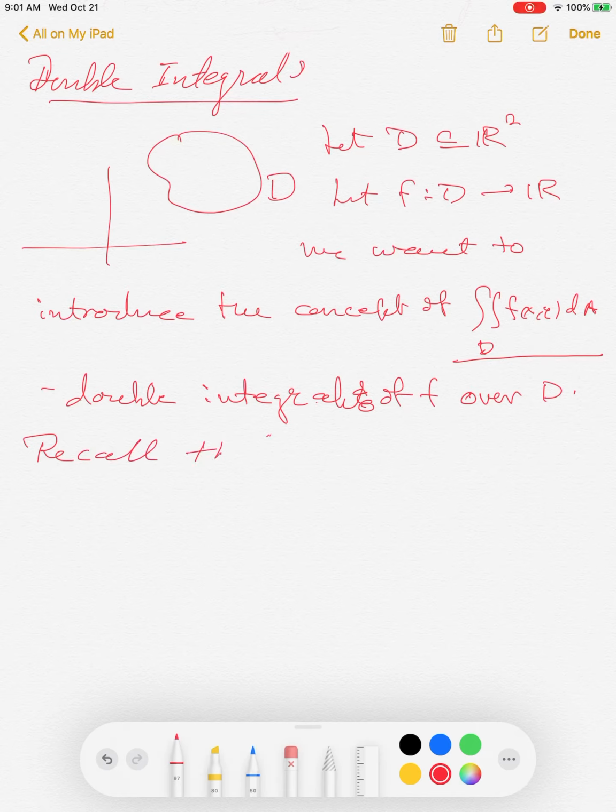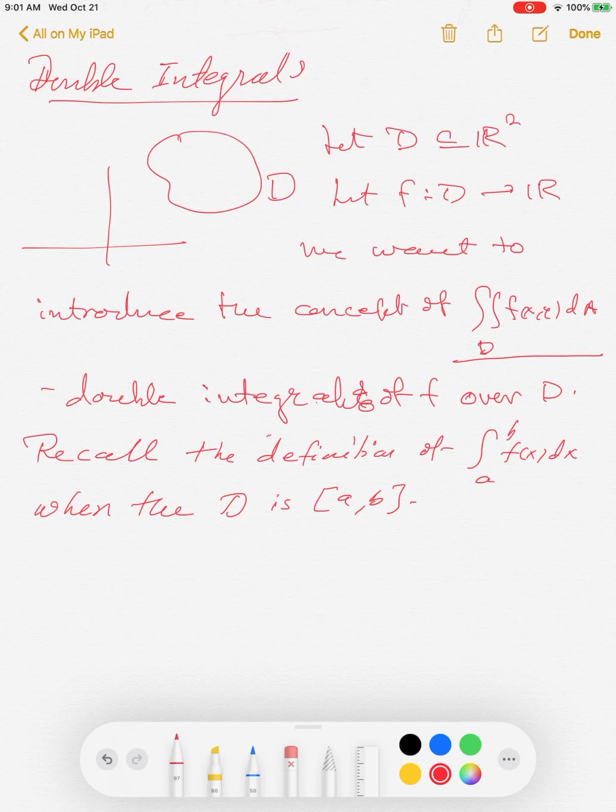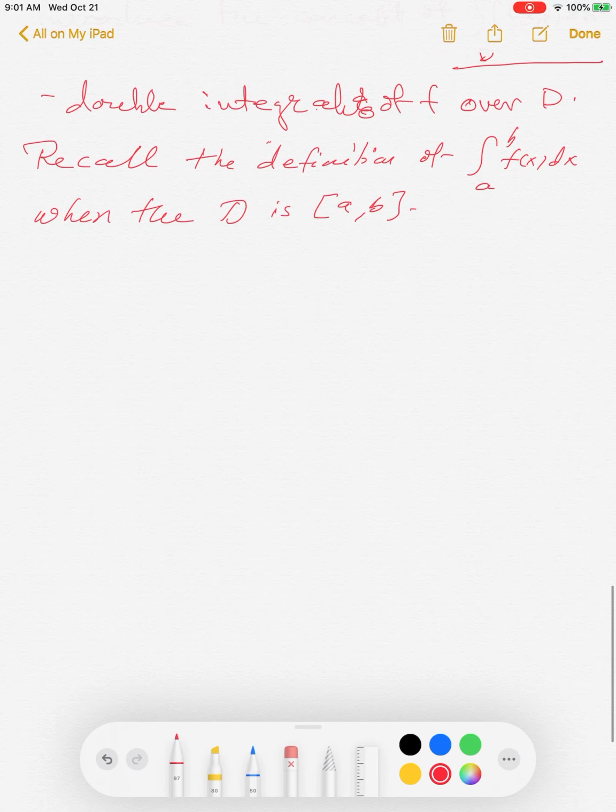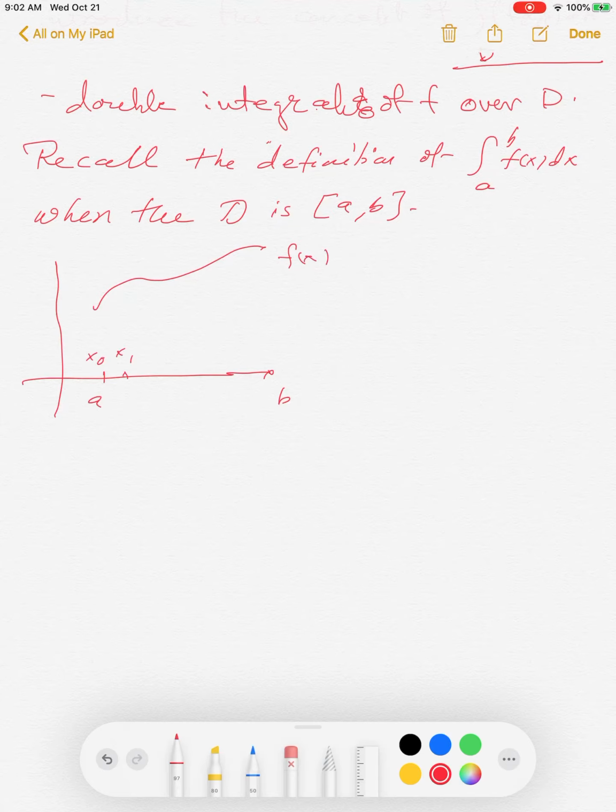So recall the definition of the integral from a to b of f(x) dx when the domain is the interval [a, b]. So this was done in Calc 1. You have an interval [a, b] and a function f(x). What you do is you start with a partition.